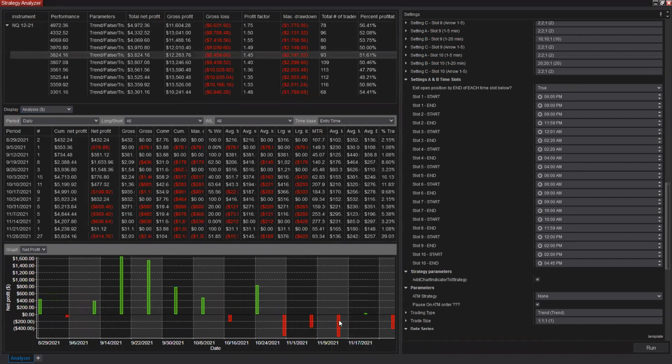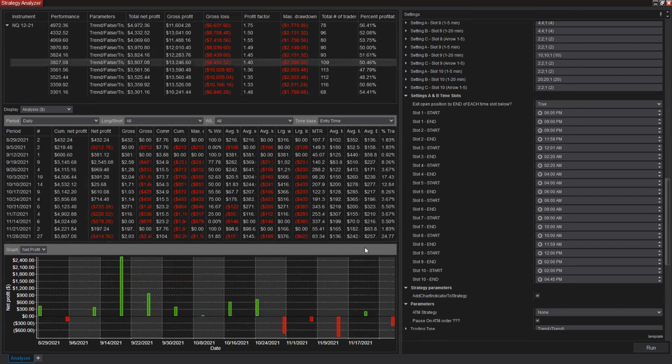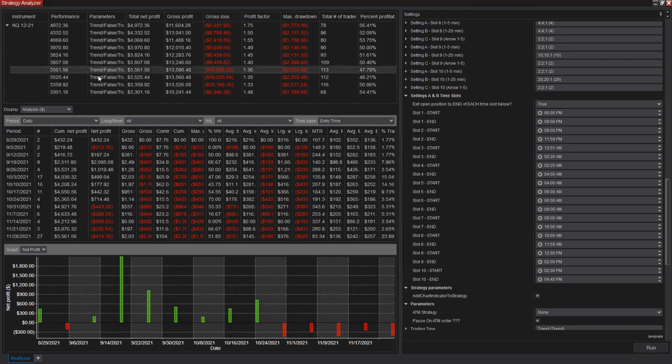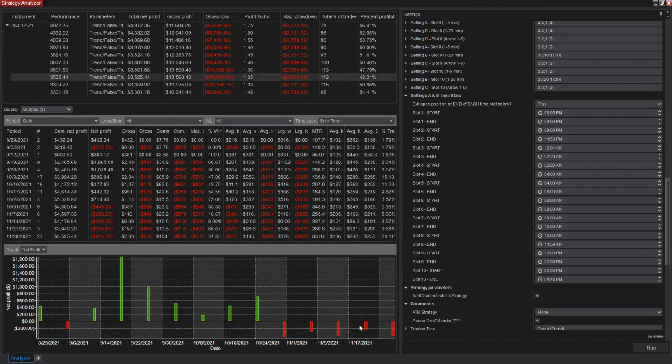So you wouldn't actually be running these specific settings. Now you're not going to get this very often, where the last days have been losing positions. And in fact, if you did better optimization, you'll get better results anyway. But going and choosing a specific set of results, none of these are actually showing as being effective right now.